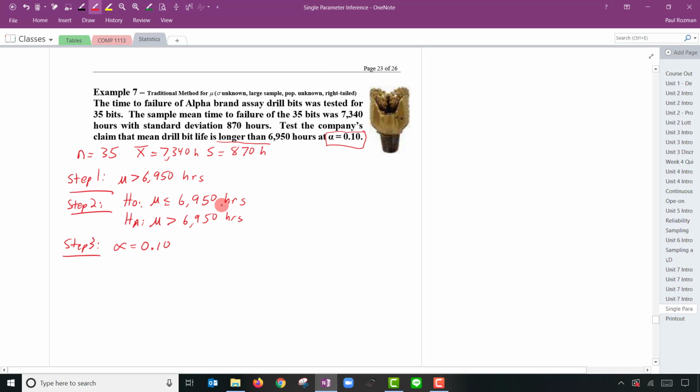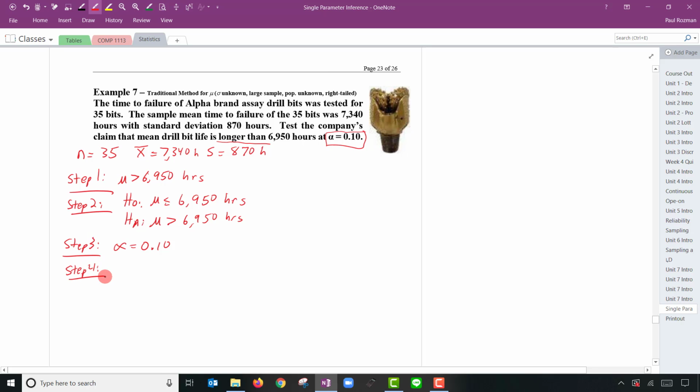But if making that mistake isn't that big of a deal, then you can get away with having a higher probability, knowing that you then have reduced the probability of failing to reject this when it's false. Which maybe that's the dire problem. And if that's the case, then you would want this to be a higher value. But generally, we don't go much higher than, say, 10%.